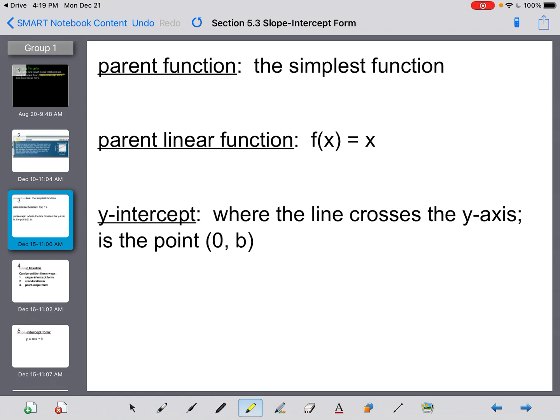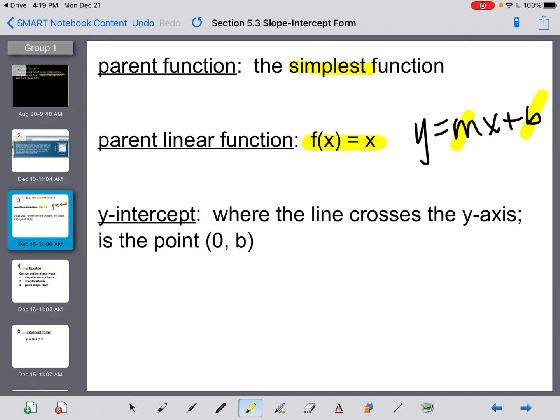Parent function is the simplest way to write a function. So for a linear function, which we've talked about as y equals mx plus b, the simplest way that it can be is just y equals x. That would mean our slope would be 1, and there would be no y-intercept. The y-intercept would be 0.